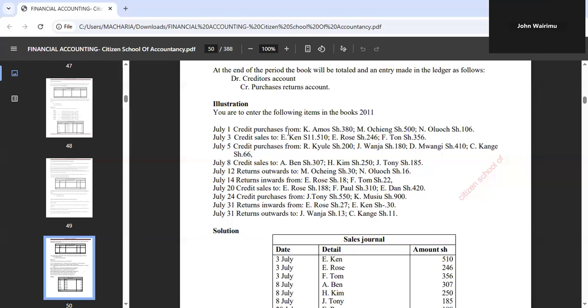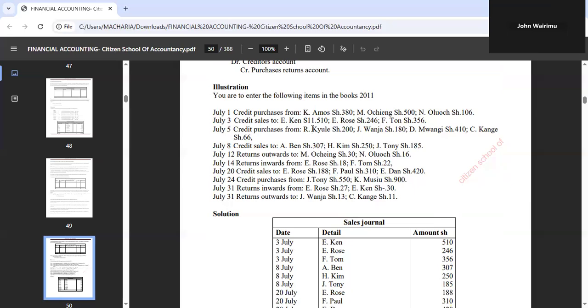This one will go to purchases journal. All these items will appear in purchases journal. Credit sales. All these items will appear in the sales journal. Like in this case, you have 510, 246, and 356. They are the first three items here.